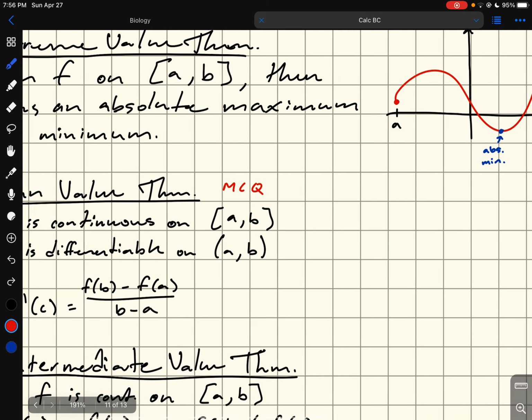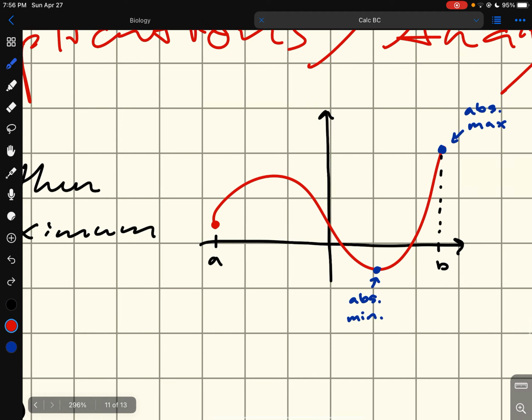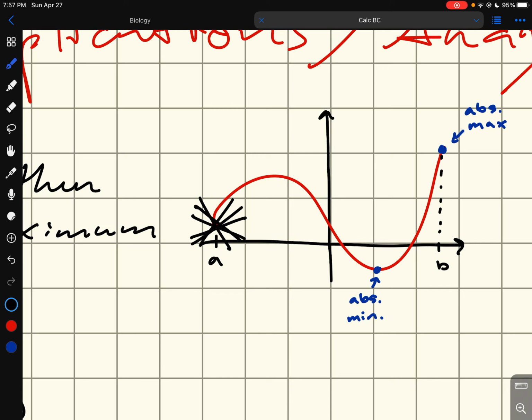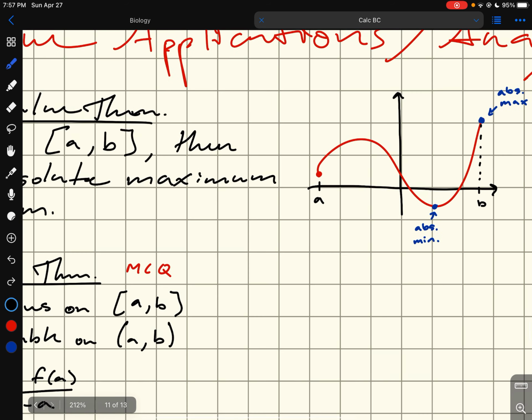A way to remember that is, if we use this as an example with our endpoint, we can't find the derivative at this endpoint, because a derivative is the slope of a tangent line, but this point has tangent lines here, here, here, here, here, here. Essentially there's an infinite number of tangent lines, and we obviously don't know which one to pick, right? So we just don't include the endpoints.